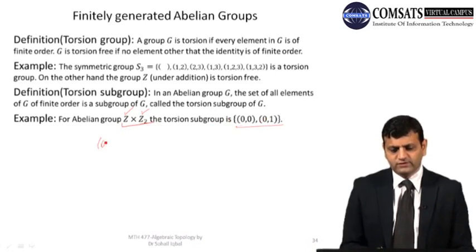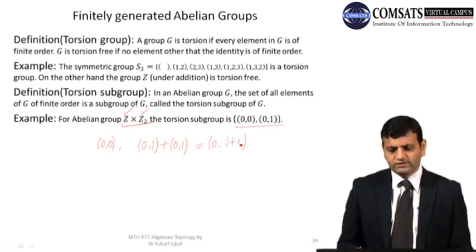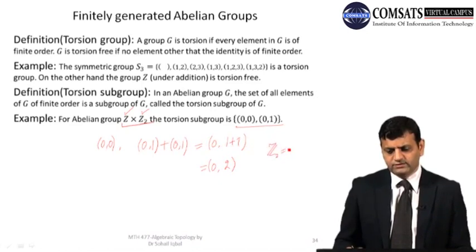So 0 0, of course we can see that it has finite order, but what about 0 1? If I add 0 1 to 0 1, of course we have to add it, because in this case the binary operation is addition. So this is equal to 0, 1 plus 1. So what is 1 plus 1? Of course we know that 1 plus 1 is 2, but where does this 2 belong in this set?